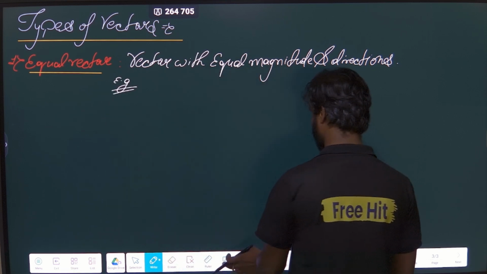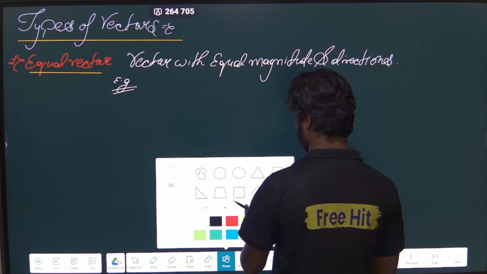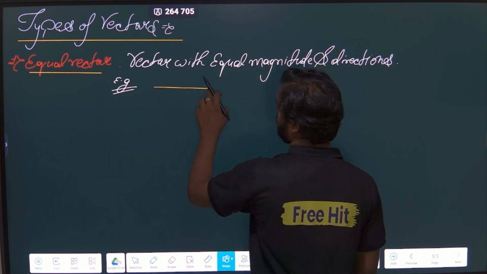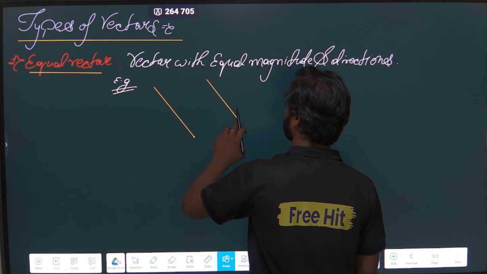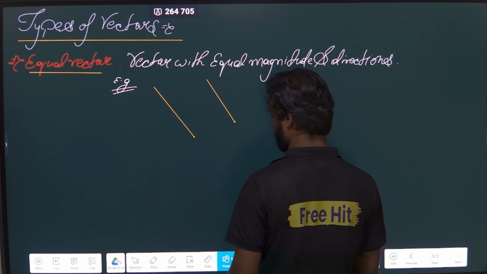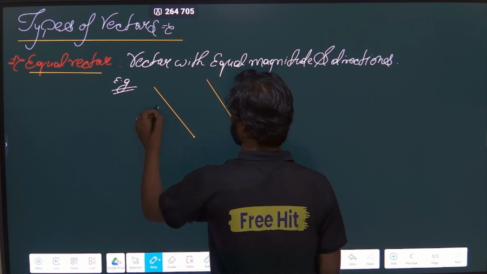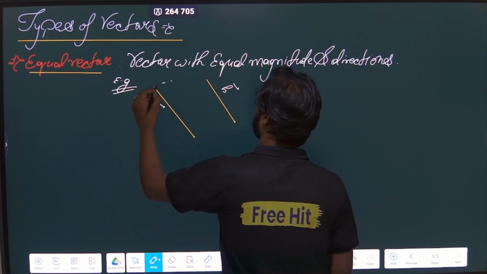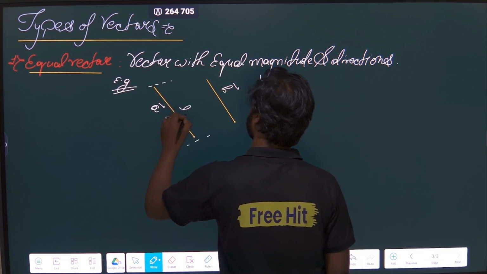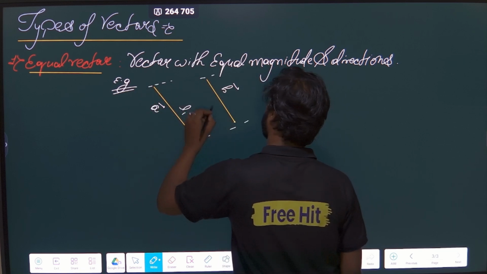Suppose this is my one vector like this, and this is my another vector like this. This vector is vector A, and this vector is vector B, and suppose this length is L1 and this length is L2.